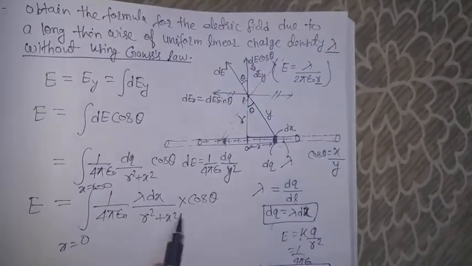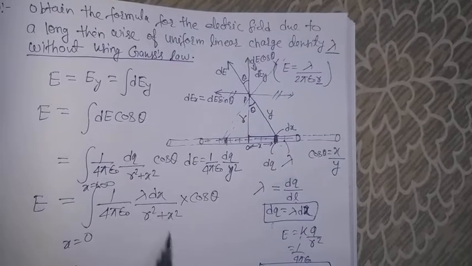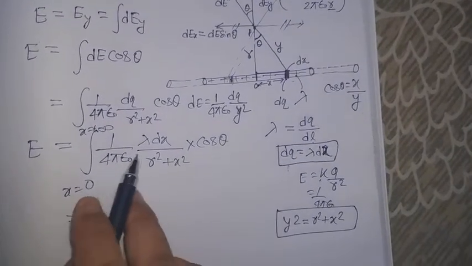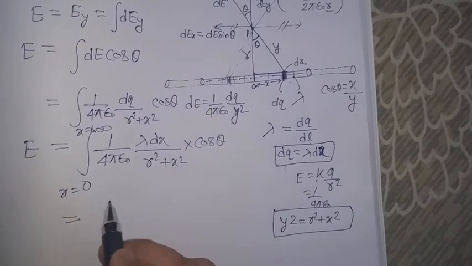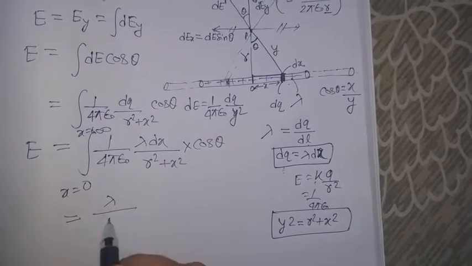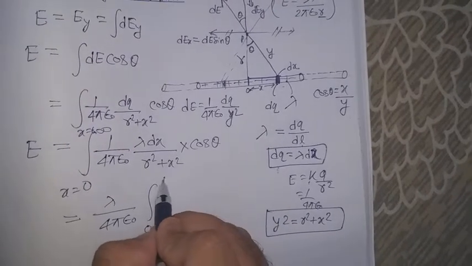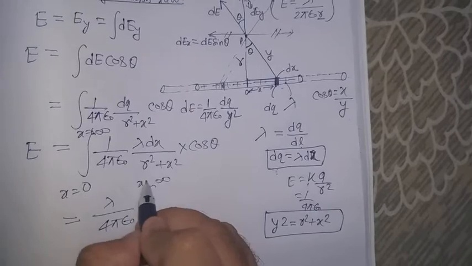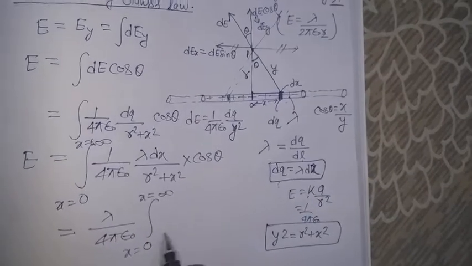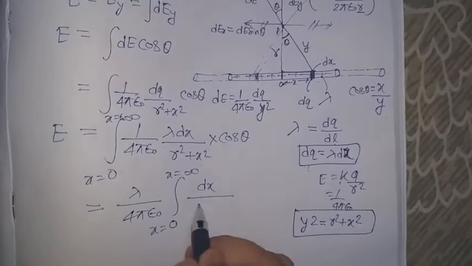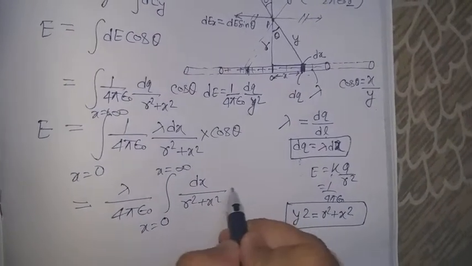Now what is constant here? Just take out outside lambda upon 4 pi epsilon naught, 0 to infinity, x equals 0 to x equals infinity, dx upon r square plus x square, cos theta.